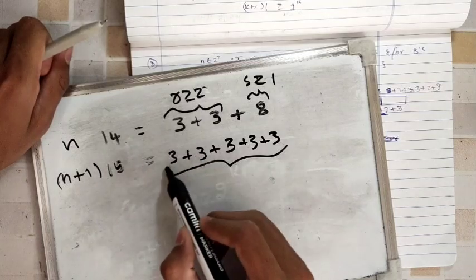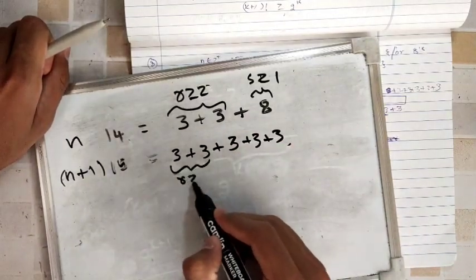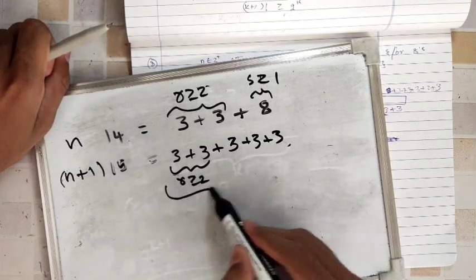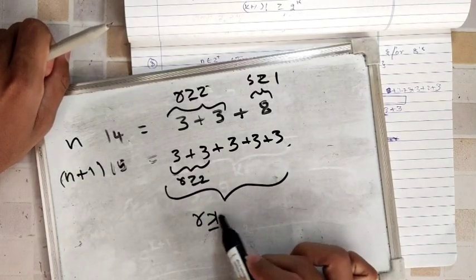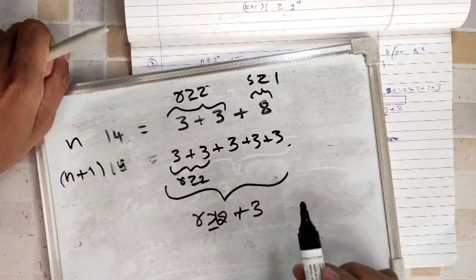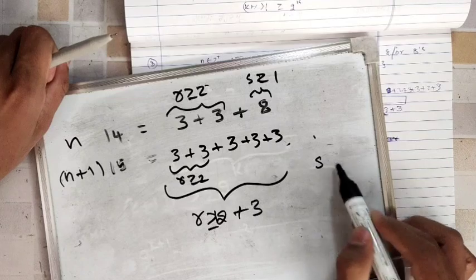Let me first write this: r greater than or equal to 2, then r plus 3 is coming, and s has become s minus 1.